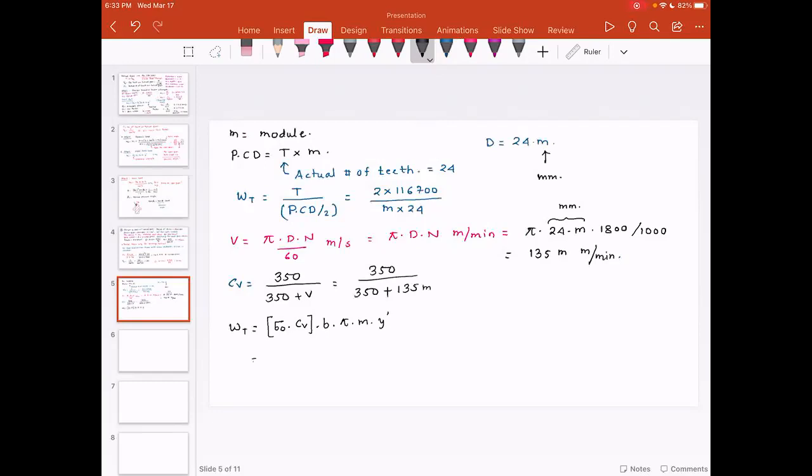One thing I want you to note is that in this particular problem, the face width B is given as 4 times PC, which is circular pitch.